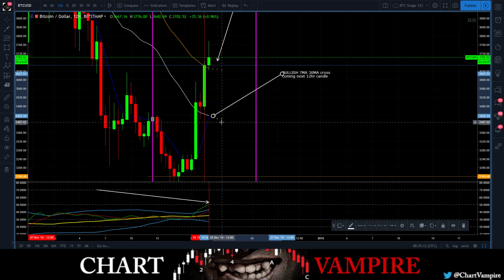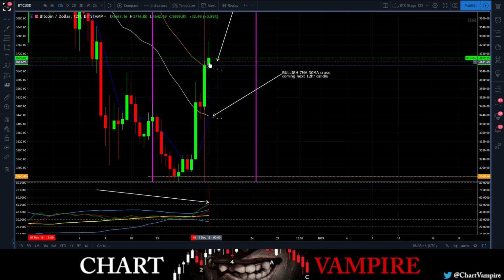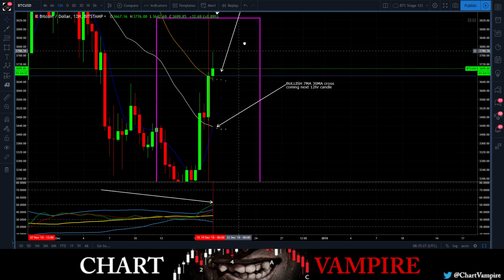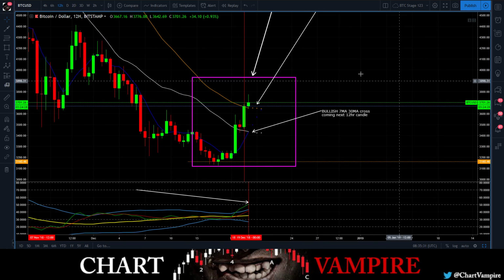You're going to get a bullish cross in 3 hours. And unless this thing breaks down in 3 hours or throws up the most amazing shooting star candle right here, I can only see this going higher. Yes, I can only see this going higher here.